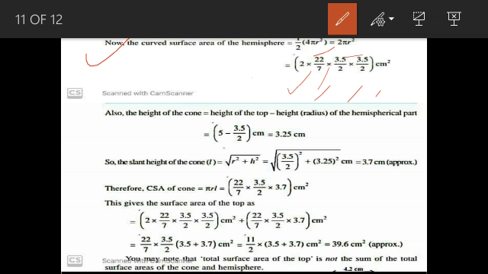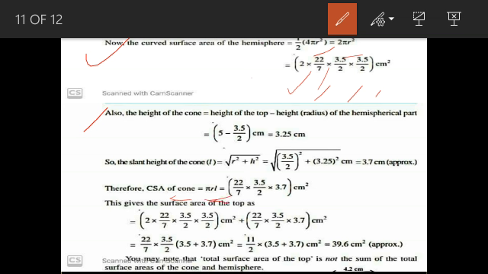Now we just have to put the value and get the result, like 2, value of pi is 22 divided by 7, radius that is 3.5 divided by 2, and we will get the required curved surface area of hemisphere. Next we need to find the curved surface area of cone. So for curved surface area we require this L, that is slant height.